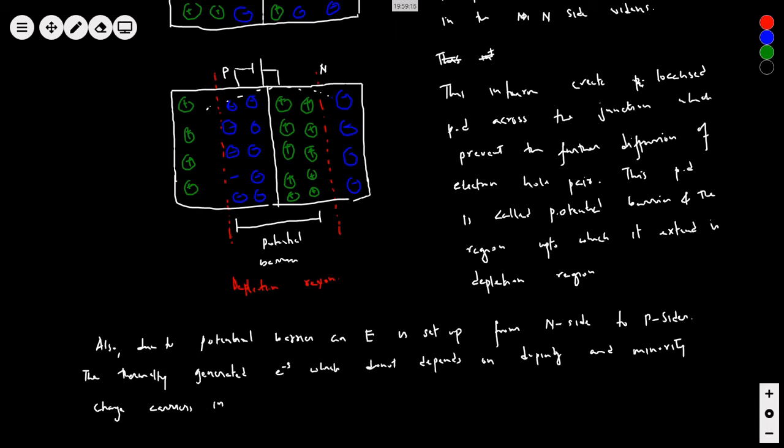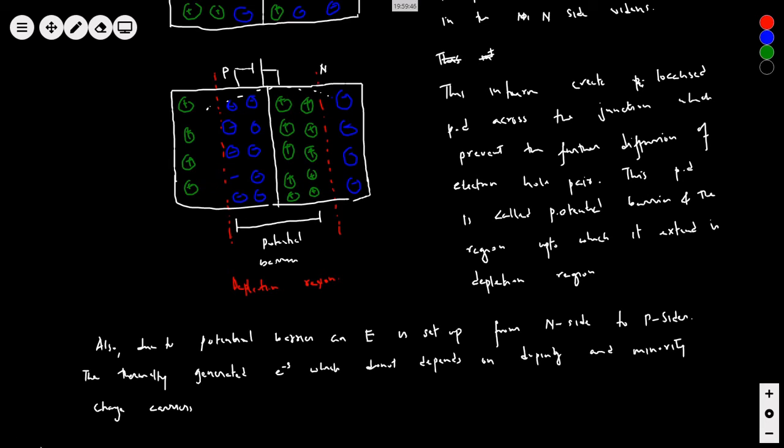Where are the minority charge carriers? In p, holes are the majority charge carriers, so there, electrons are the minority charge carriers. Minority charge carriers in p diffuse. Because they are produced in both, they do not depend on any one of them.